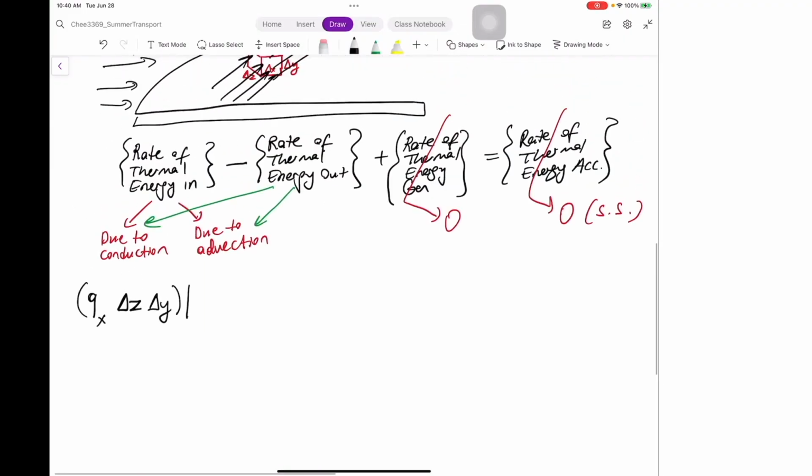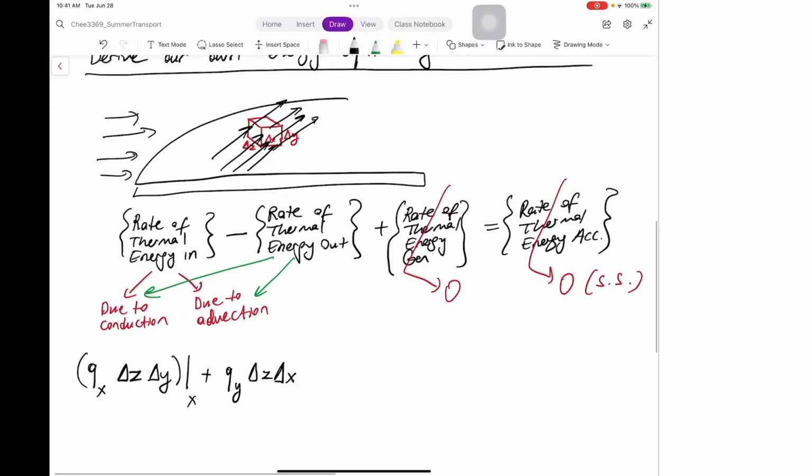And you calculate it at x, plus conduction along the y direction, q_y, delta z delta x this time, because the y stream is meeting an area of delta x times delta z.